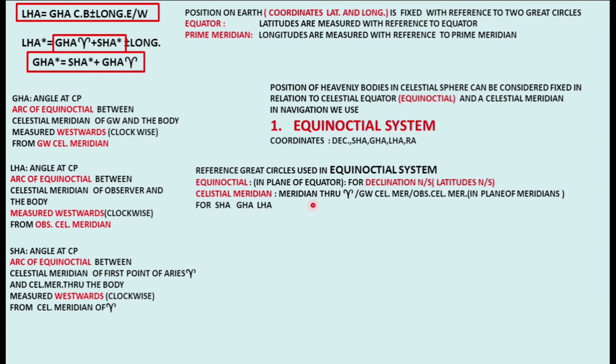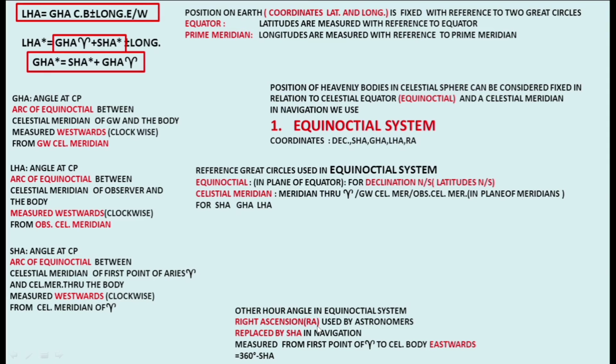And what do we have in the equinoctial system? SHA, GHA, LHA, RA and declination. This RA I have not mentioned here earlier. RA is the only angle which is measured eastwards from Aries to the body. SHA was measured westwards from Aries to the body.